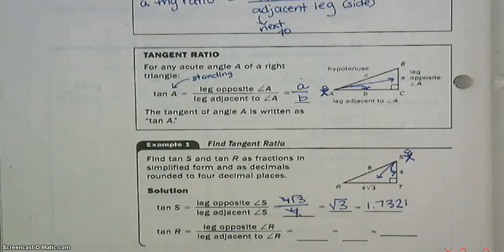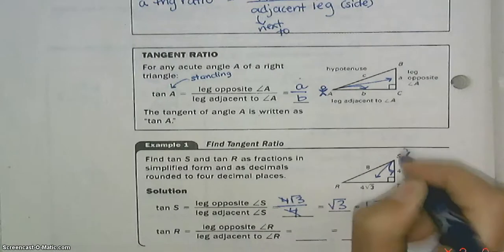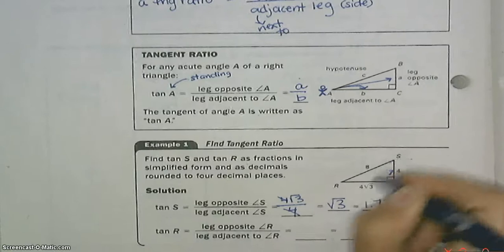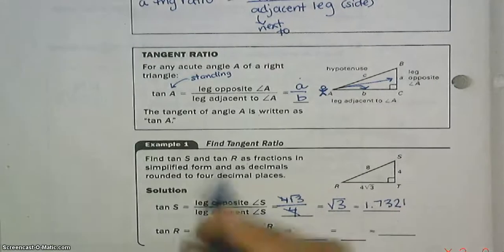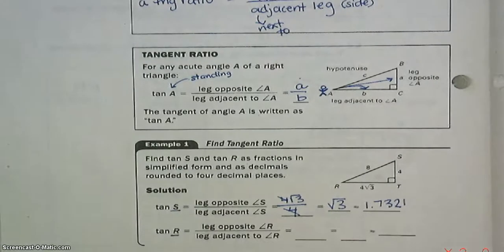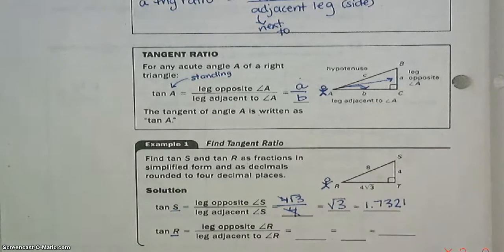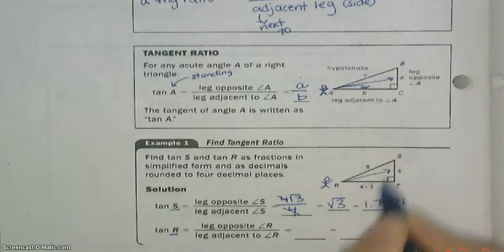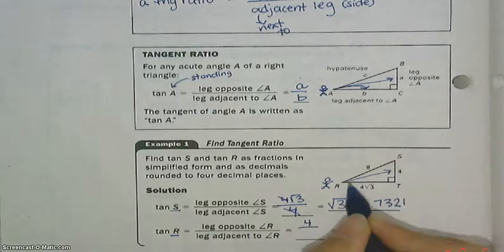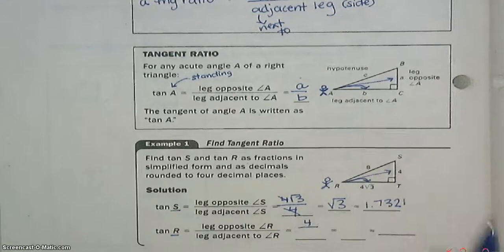Now we're going to do tangent of R. So now we're standing at R. So I'm going to erase this. Notice here, this always tells us where we're standing. Now we're standing at R, and we want the tangent ratio. So opposite of where we're standing, opposite over adjacent, not the hypotenuse.